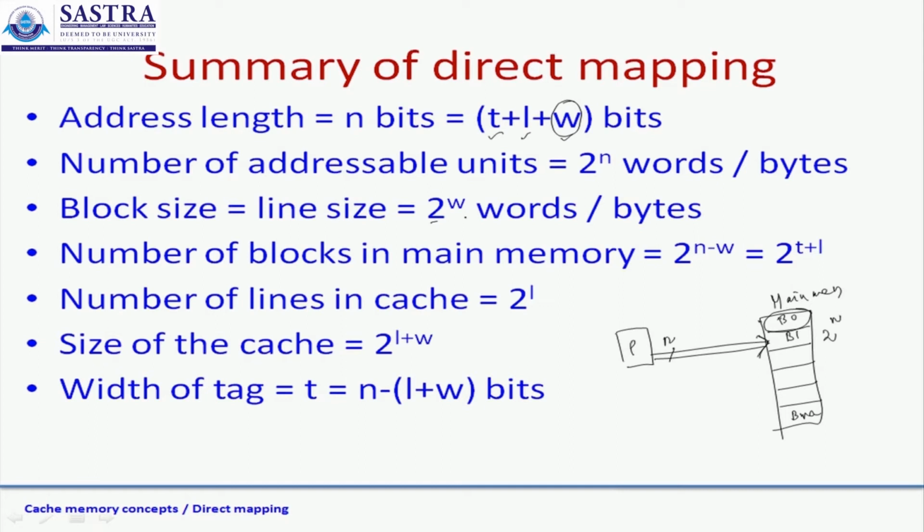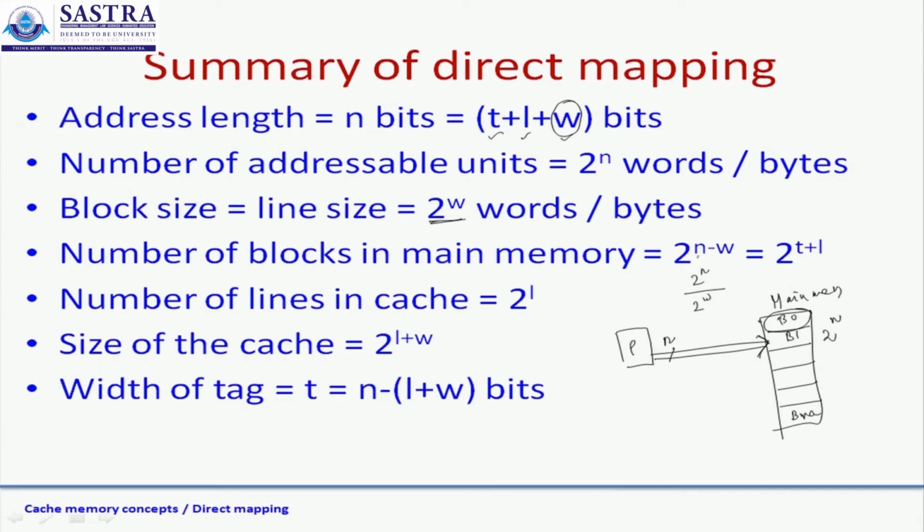Once we know this 2 power W, then we know the number of blocks present in our main memory. Similarly, the other way around, if we know the number of blocks, we know how many addressable locations are available in a block. Number of blocks in main memory is 2 power n minus W. Why? Because 2 power n is the total number of addressable units and 2 power W is the number of addressable units per block.